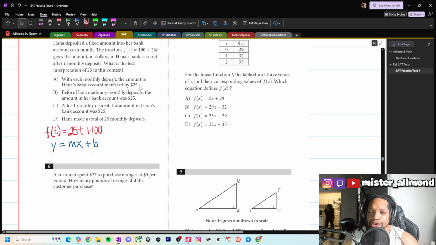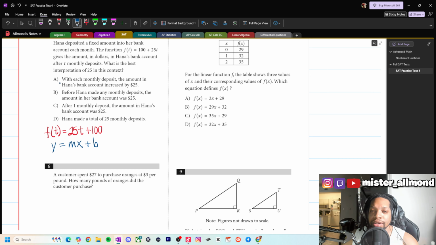So looking at the answer choices, with each monthly deposit, the amount in her bank account increased by 25. That pretty much sounds like what we said. So I'll circle that, but let me make sure. The amount in her bank account was 25. I can see people putting that if they mistake slope for y-intercept. After one monthly deposit, the amount was $25.